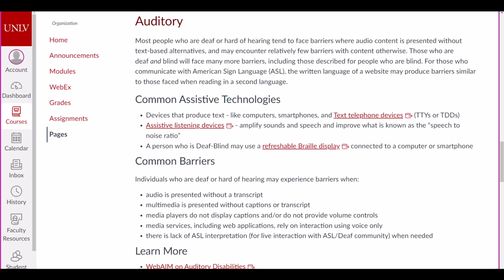Auditory. Most people who are deaf or hard of hearing tend to face barriers where audio content is presented without text-based alternatives, and may encounter relatively few barriers with content otherwise. Those who are deaf and blind will face many more barriers, including those described for people who are blind.